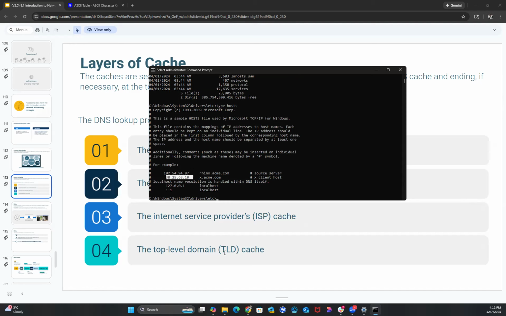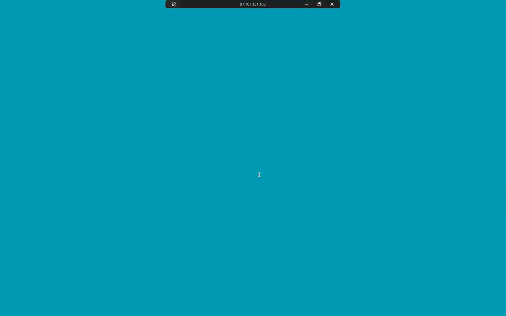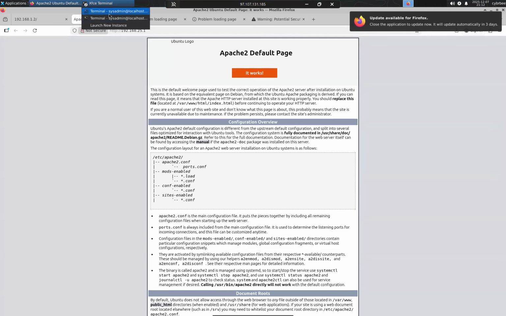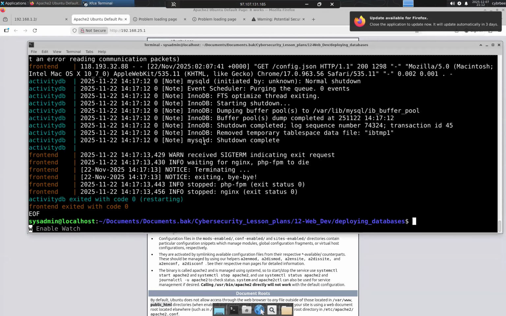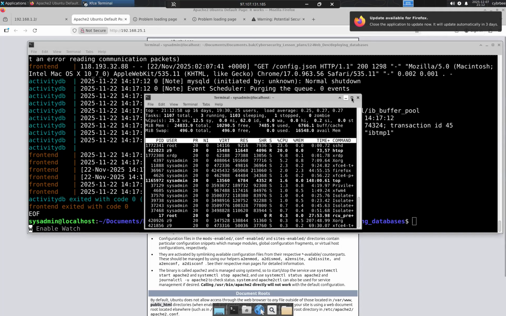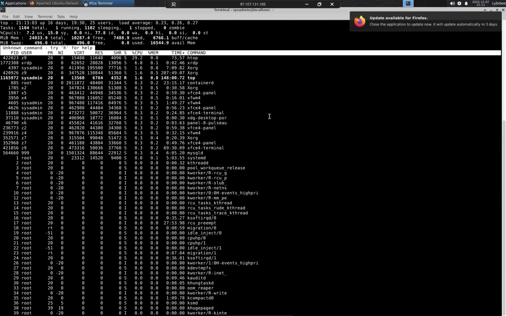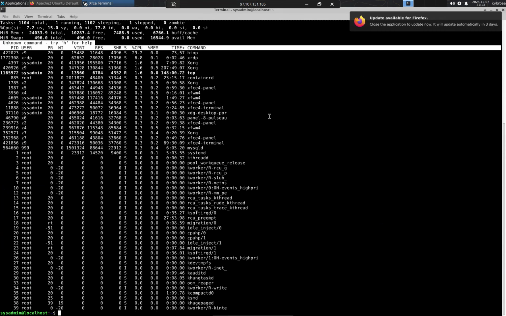So if you're trying this on a Linux system, you use nano /etc/hosts.